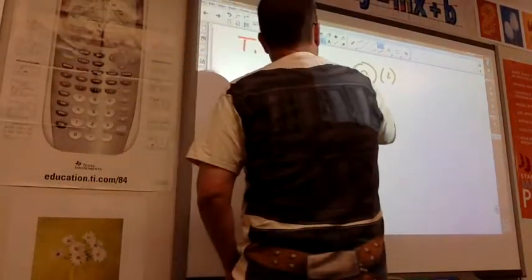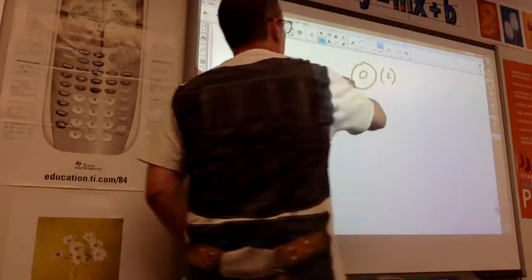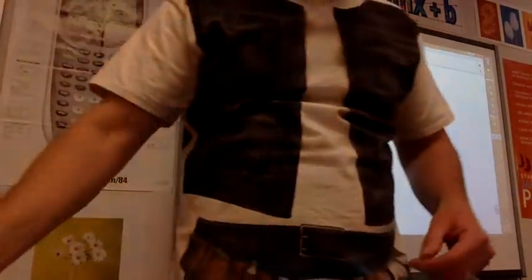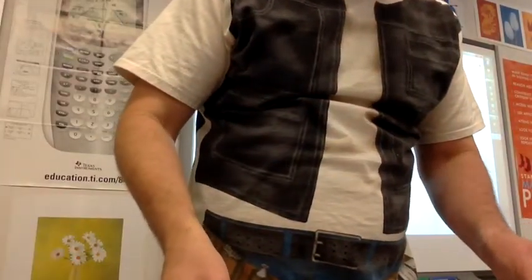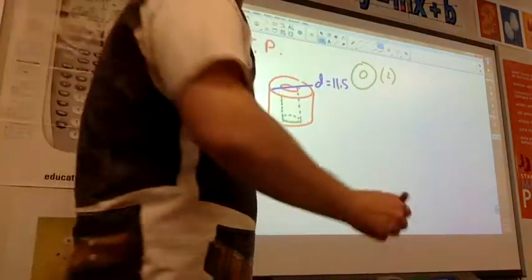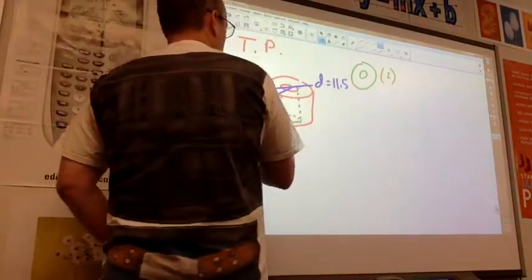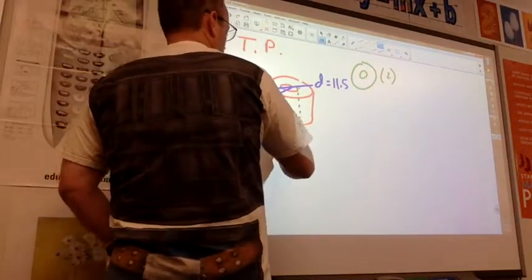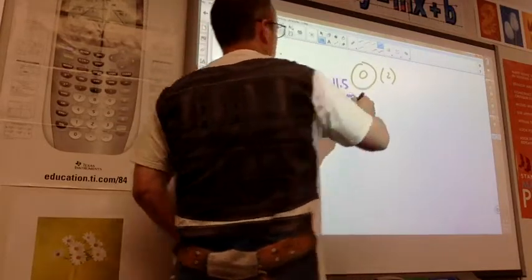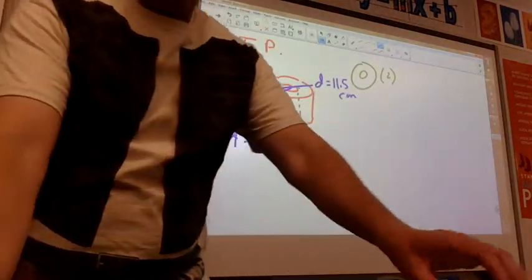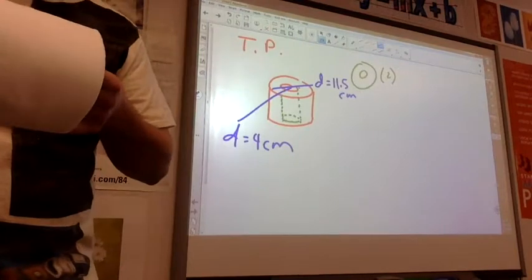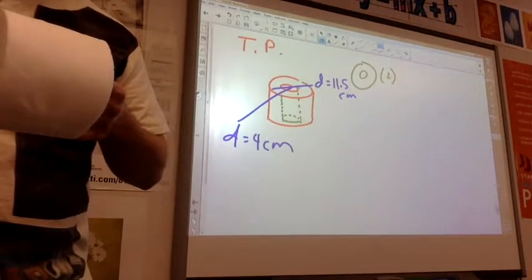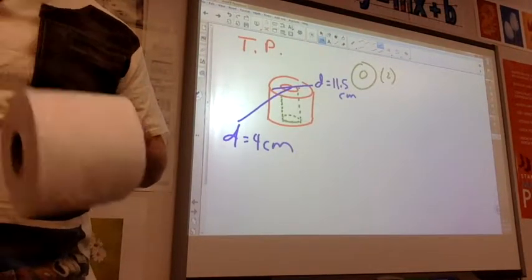Our diameter is 11.5. And then the diameter of the hole is 4. The height of this is 10.5.